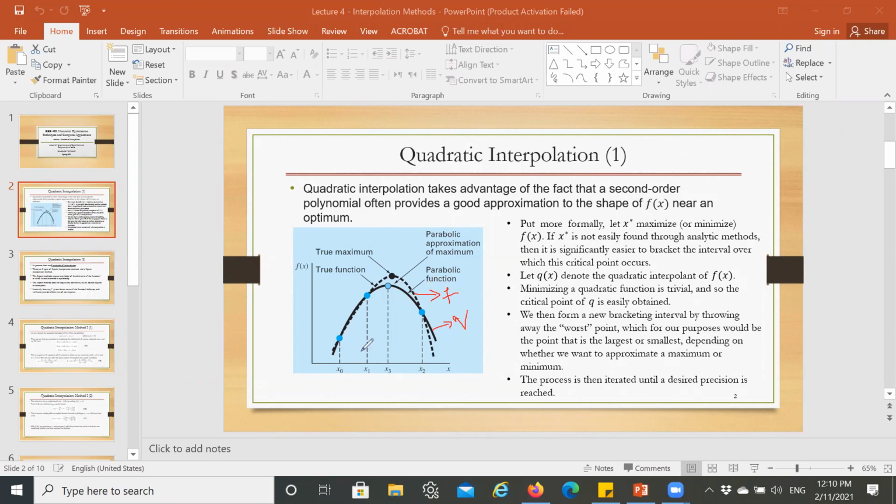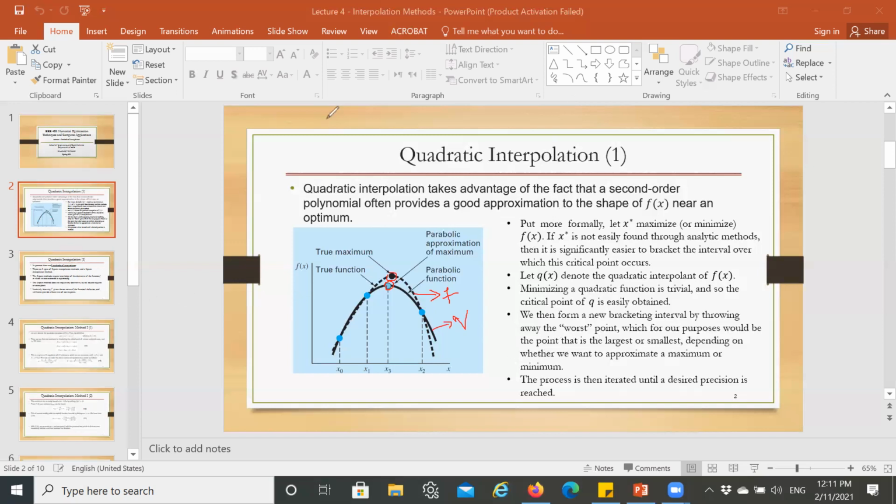So these are the bounds. And so what happens is that if we have a quadratic function that can pass through these points, we can say that the optimal, now over here we are looking at the maximum. You could have inverted the figures, and it would have been the minimum. So the maximum of the quadratic function, which would be this blue point, would be an approximate of the maximum of the actual true f function. So by using polynomial interpolation, we try to approximate the optimal point by using a quadratic or cubic interpolant.